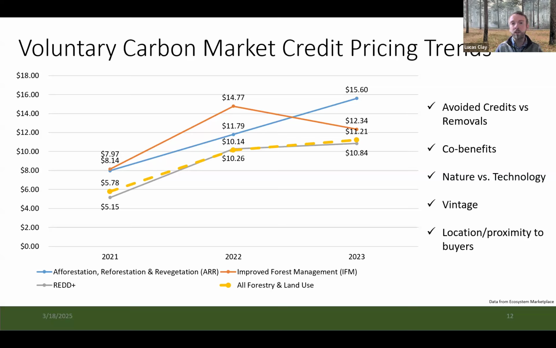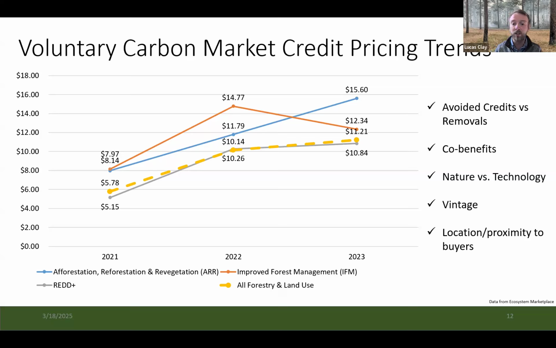And what we see is this increase in the desire for what we call high quality credits. The definition of high quality is emerging, but what the market is looking for is removal of carbon from the atmosphere, as opposed to avoided credits, which you see in the top one there, and then also co-benefits. The co-benefits would be other ecosystem services like water quality, wildlife, and biodiversity that forest credits can contribute to.